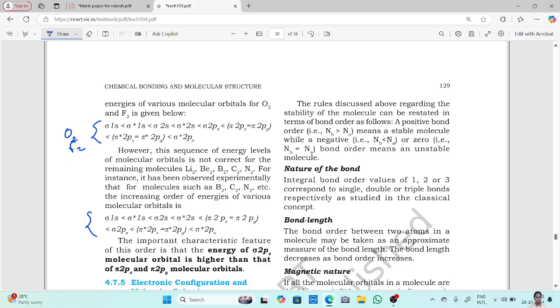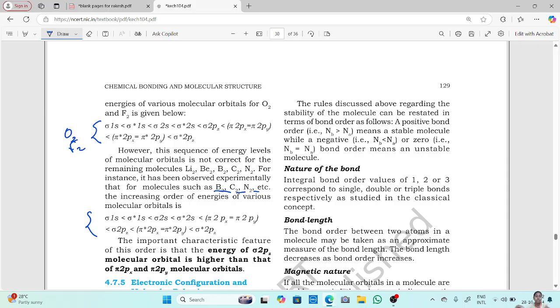All these molecules except O2 and F2 don't follow this sequence. For instance, it has been observed experimentally that for molecules such as B2, C2, N2, etc., the increasing order of energies of molecular orbitals is this.